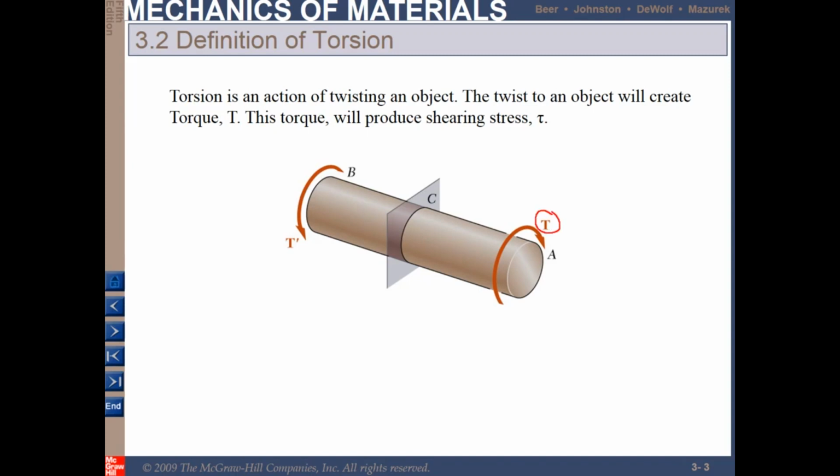Okay, so the twist to an object will create torque. So you apply force to twist, and this force will create torque, and this torque will produce shearing stress. Shearing stress is written as tau. Previously, I told you in the class that stress can be divided into two.